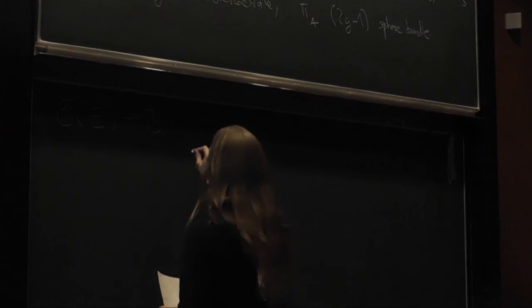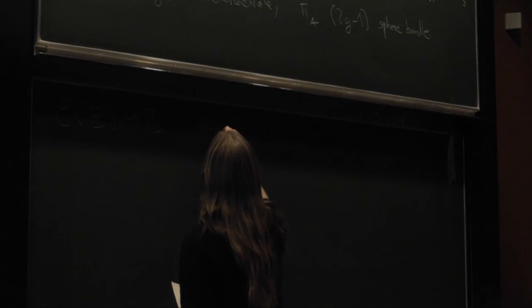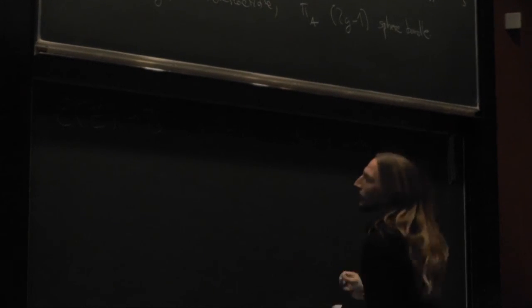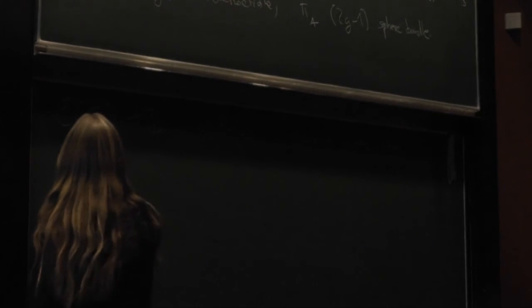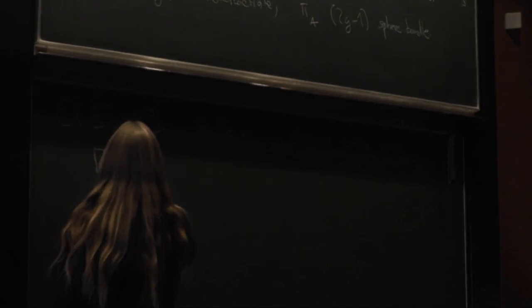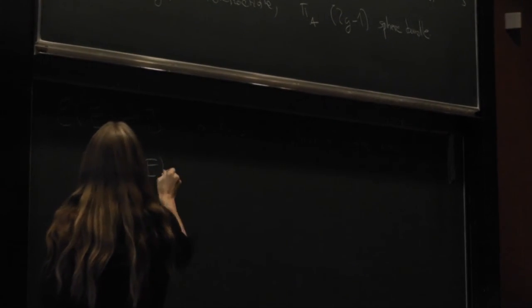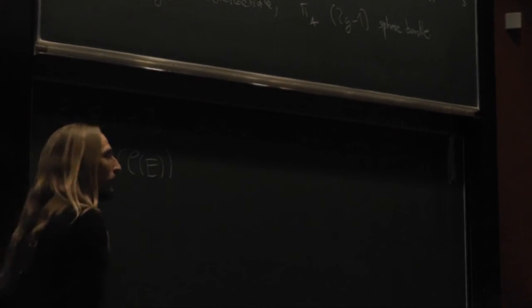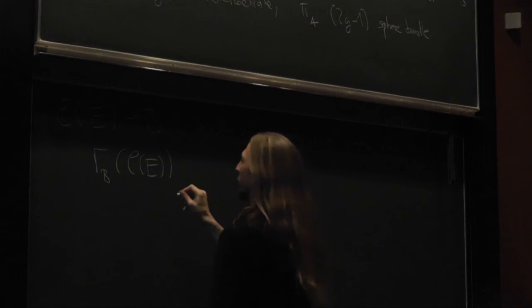So this is the bundle of almost complex structures on the fibers. So in such a way that if I look at the smooth sections, of course, of E, an element in there is a family of complex structures on the fibers.